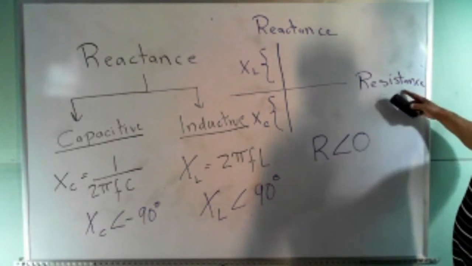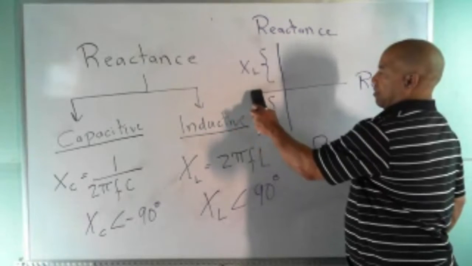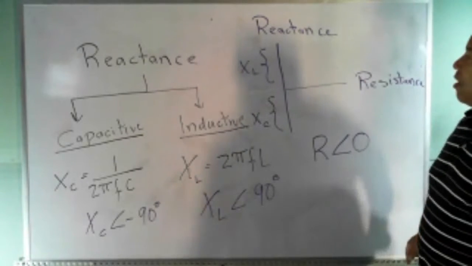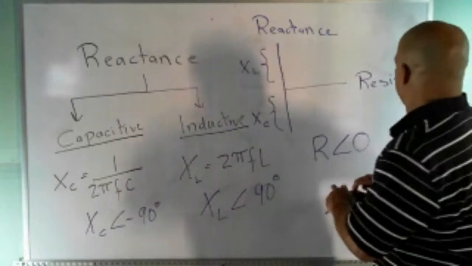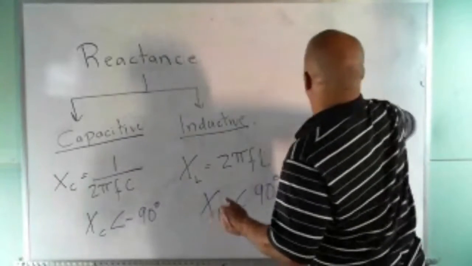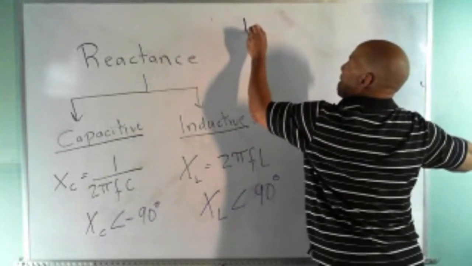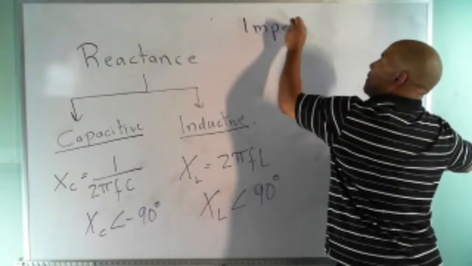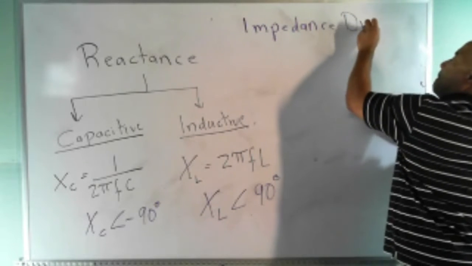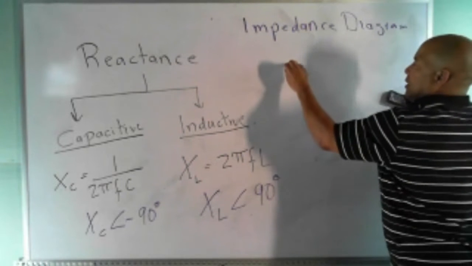I also mentioned the fact that you'll never measure a negative resistance. So this part of the coordinate system we don't need. We don't need any negative values for R. And so what I end up with is this diagram called the impedance diagram. And it looks like this.